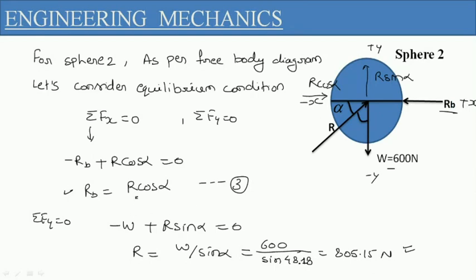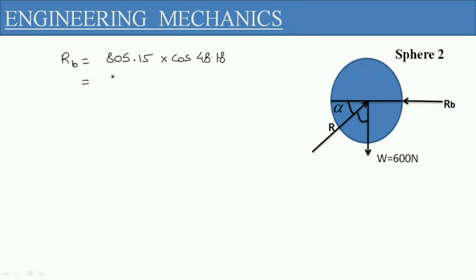So RB will be 805.15 into cos 48.18, so the RB value will be 537.28 Newton. So here we have our first force, or first pressure, at point B.